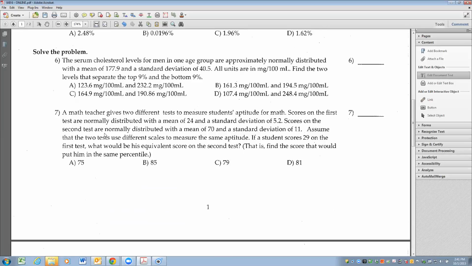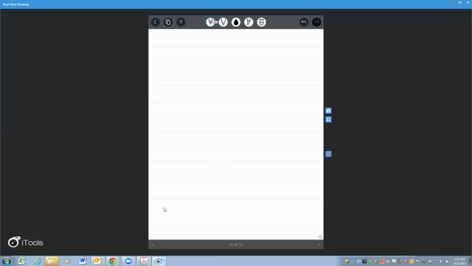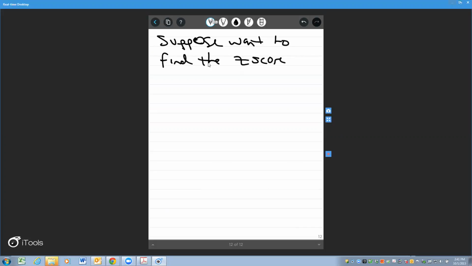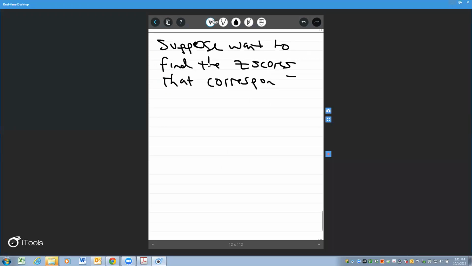So what we're going to do now is an example where, let's suppose, we want to find the z-scores that correspond to the top 10% and bottom 10%.